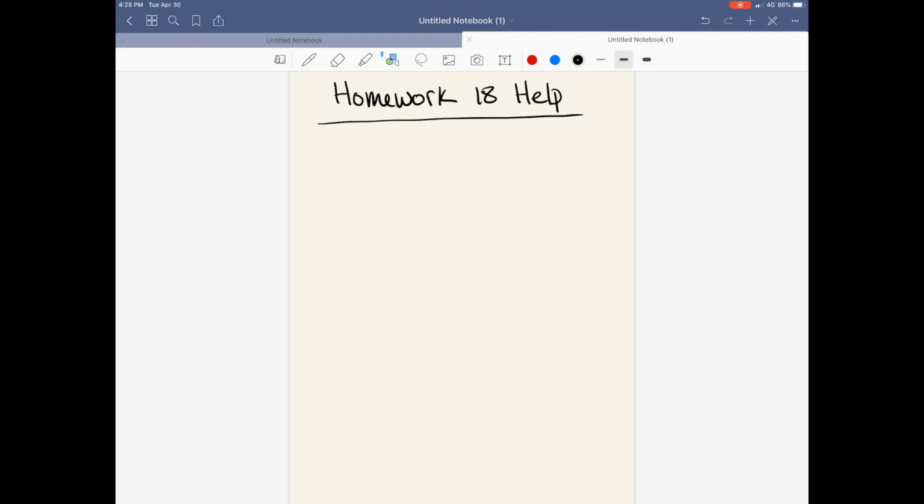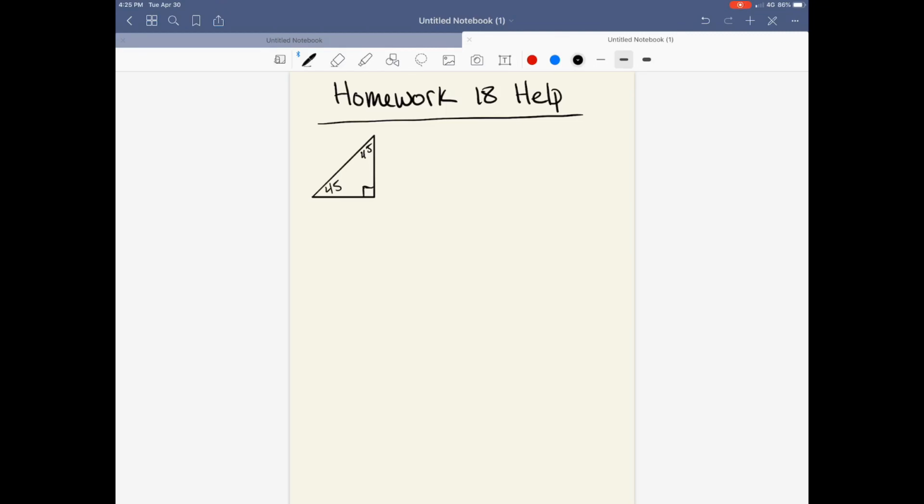So the first section of homework 18 is based off of the special right triangles that we learned the other day in class. If you remember, you should probably open up your notebook to go along, but if you don't, it's okay. Most of the information will be here anyway. So the first special right triangle we learned was a 45, 45, 90.